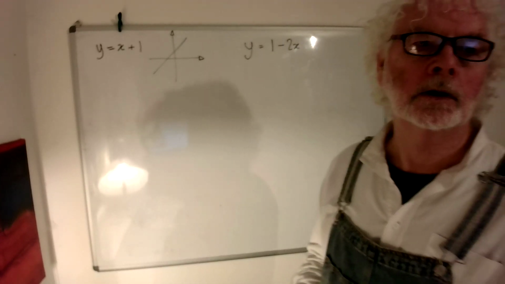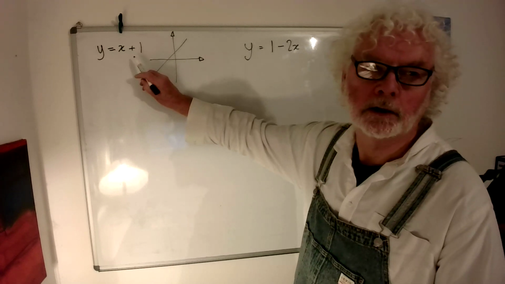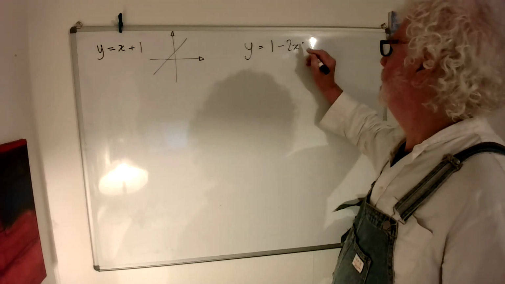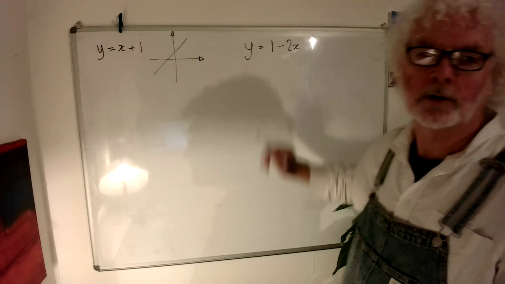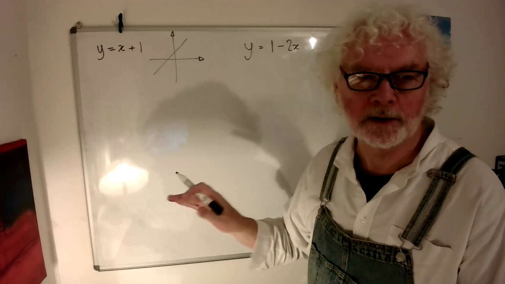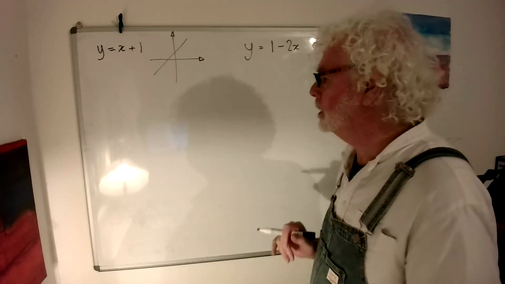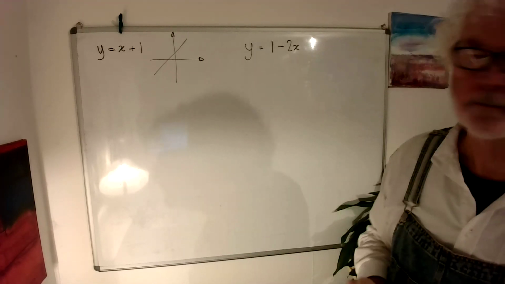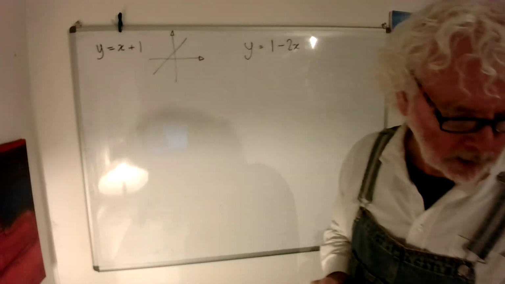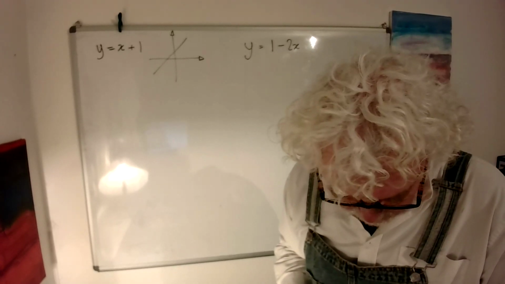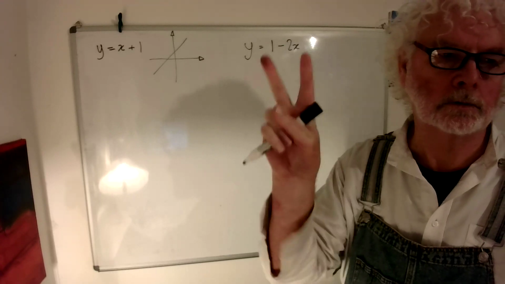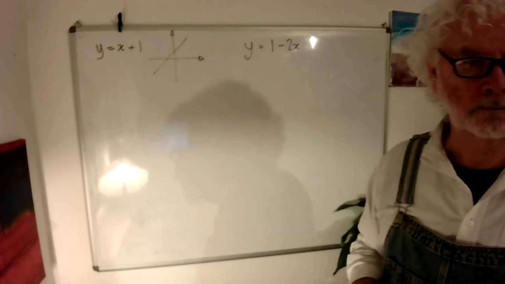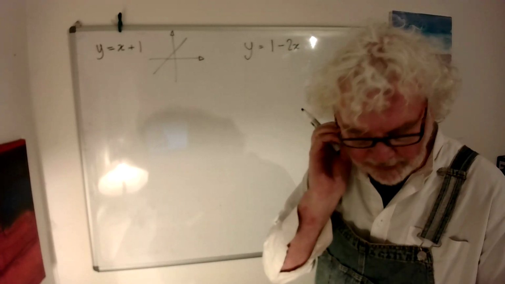It means when you spot an equation like this, where x is to the power 1, and there's no x squared or x cubed or anything else, you know it's straight. So that means that you only need 2 points to plot a straight line, if you know it's straight.